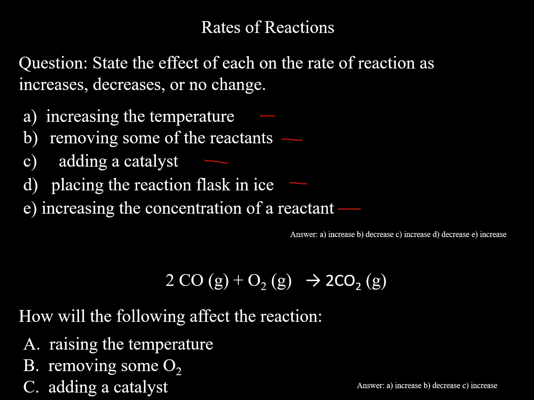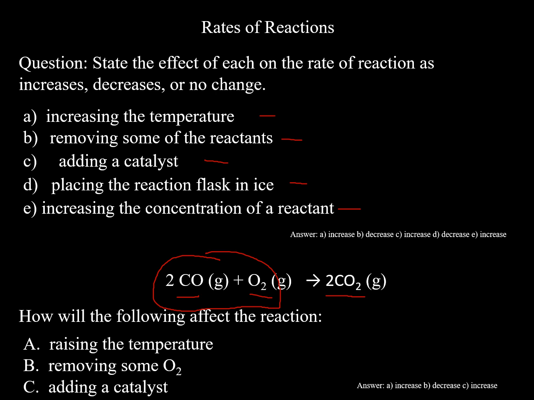Let's look at a particular example here. We have CO, 2 carbon monoxides plus oxygen gas gives us 2 carbon dioxides. What happens if we raise the temperature? Well, the molecules will move faster and have a greater ability to come together and therefore give us our product.